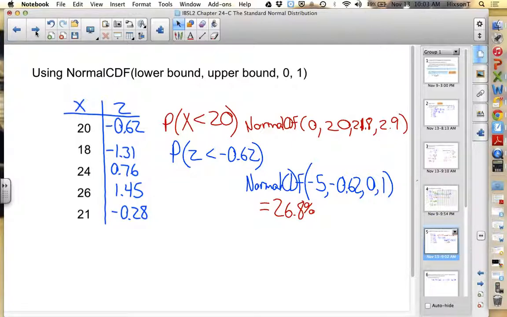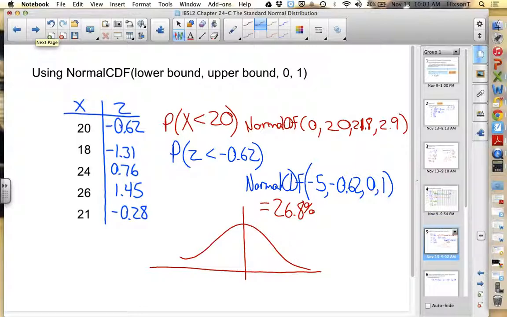Yeah, Charlie? Why is the upper bound negative 0.62? Because we want z to be less than negative 0.62. So we're going from negative infinity up to negative 0.62. If we were looking at this on a bell curve, if this is our z, our mean is at 0, we're at negative 0.62, so we're finding that area.